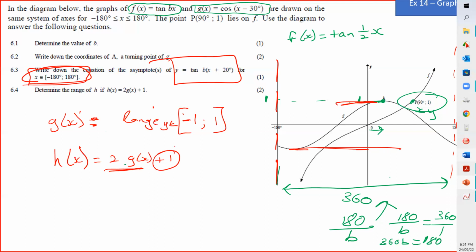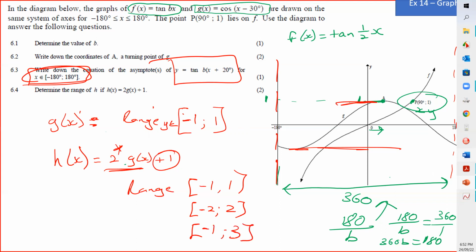So what we're going to do is look at the effect on the range. We look at -1, 1. If we multiply that by 2, we will get -2, 2, and that caters for multiplication by 2, changing the amplitude. And then we're adding 1, so the graph is moving 1 unit up. So -2 plus 1 is -1, and 2 plus 1 is 3. And that is our range for h of x. Okay, y is an element running from -1 to 3.